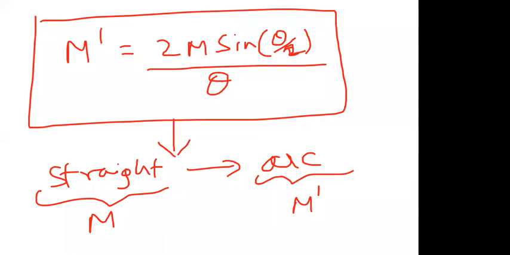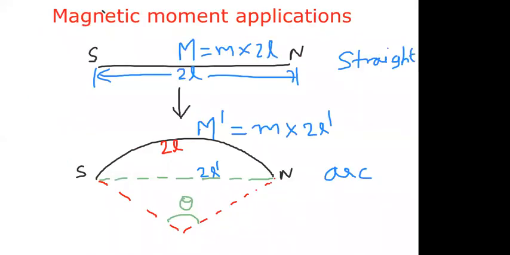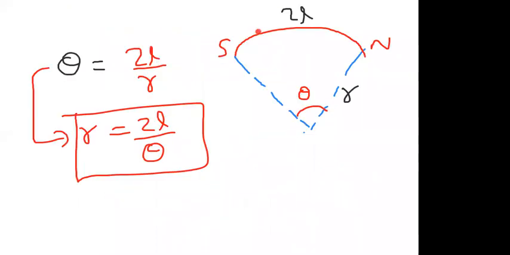Let us analyze once how we got it. First step, straight magnet, M into 2L. It is bent in the form of an arc. The shortest distance between South Pole and North Pole is the magnetic length 2L dash. After that, we took the magnet in the form of an arc whose length is 2L. So this angle is theta and radius r.